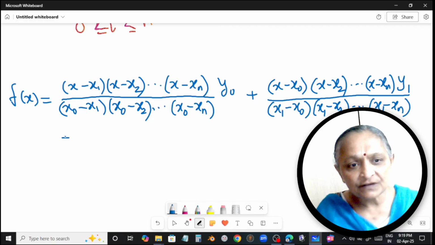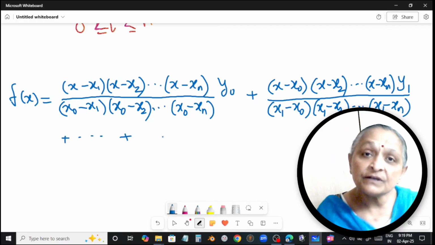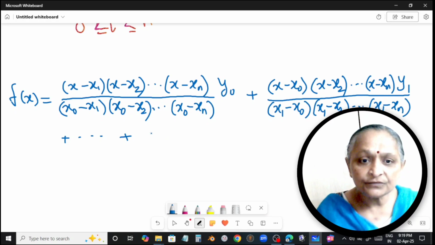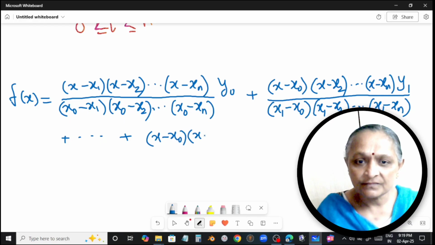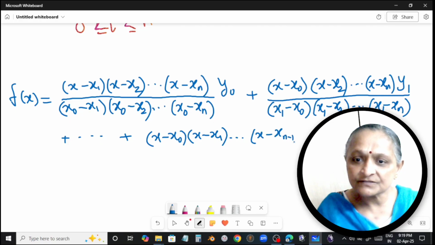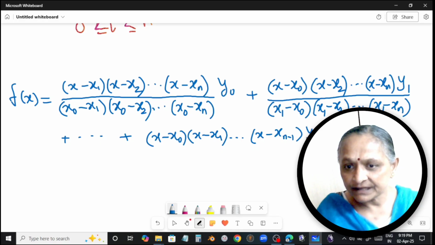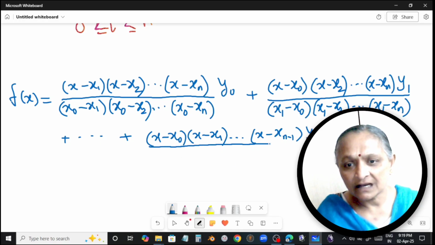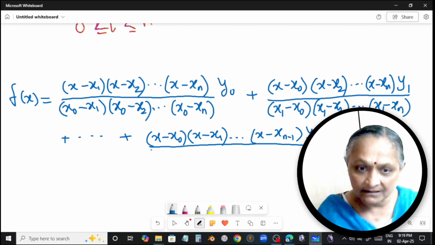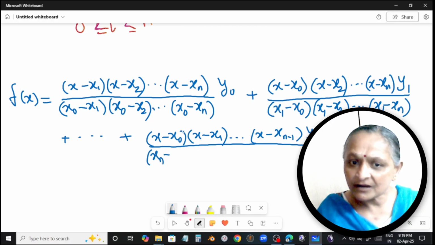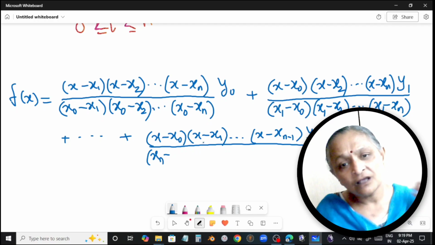And continuing in this fashion, we reach our last term. Last term means we are missing xn. So what do we get over there? X minus x naught, x minus x1 up to but one term, that is x minus xn minus 1. And the value of an is surely yn upon the terms. The pattern of the terms is now quite clear. From xn, we are subtracting all those terms that you see in the numerator.